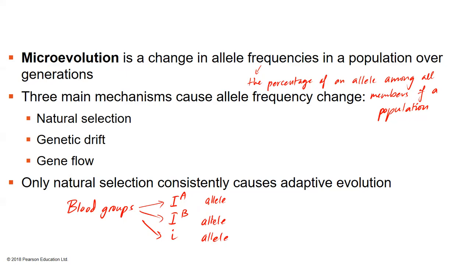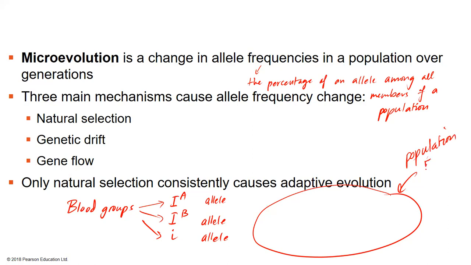So if we have, let's say, a population of 500 members or 500 individuals, and the number of individuals with, so each individual will have 2 copies of the gene that is responsible for blood groups, right?